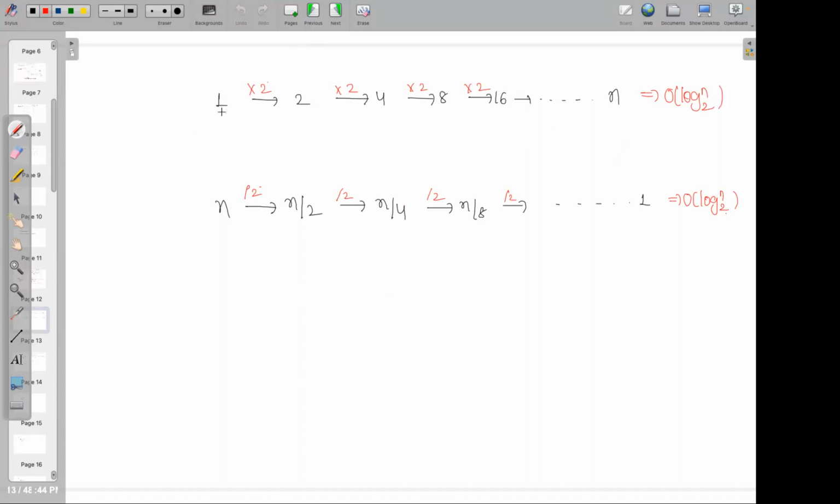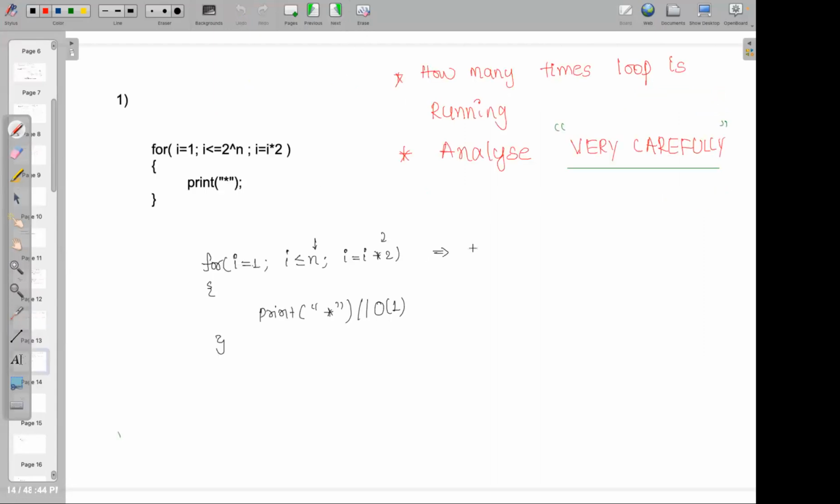Okay, you are starting at 1 and you are going till n. Every time you multiply by 2. Then what is its time complexity? Order of log n. Correct? Therefore, this code's time complexity is order of log n. But if the value is n, then order of log n is your answer.